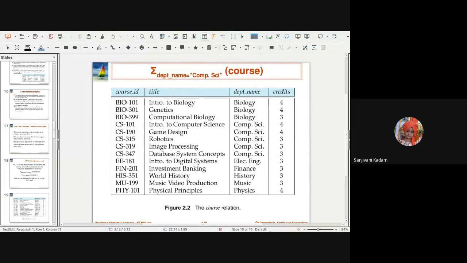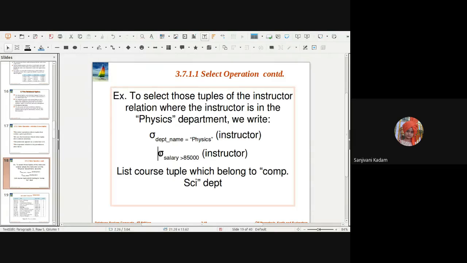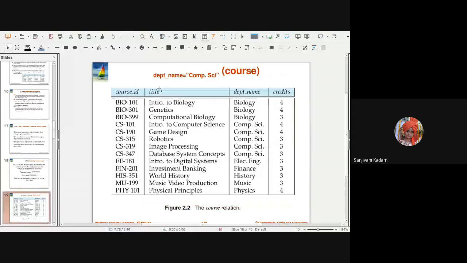So how can we write the query for those subjects which are being taught in the other departments?